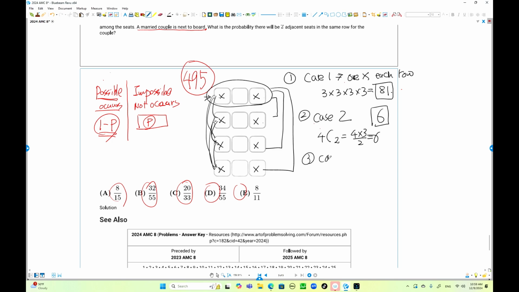Case 3: 2 seats in one row, but the other 2 seats are in different rows. The 2 seats can be in the first, second, third or fourth row, so there are 4 different ways.